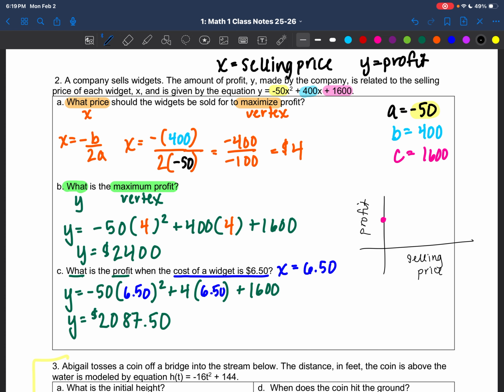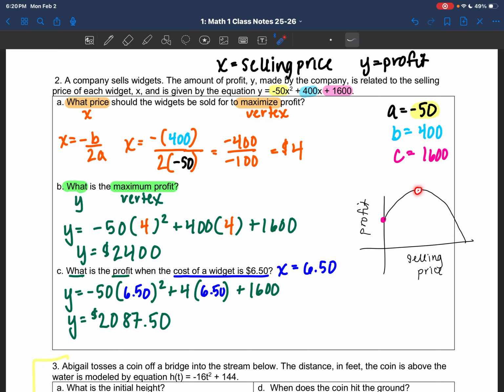So again, once you label it, you can see what's happening. So in this case, since A is negative, I know it's going to go like this again. So for your X, what price, we want to maximize.